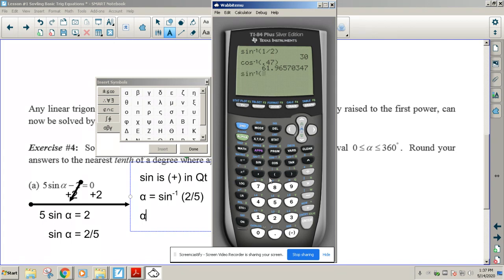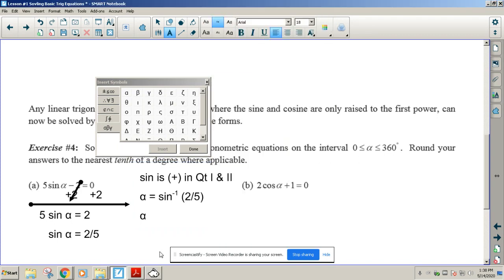So now we have the arc sine of 2/5. And they say 1/10 of a degree again, so we get 23.6 degrees.